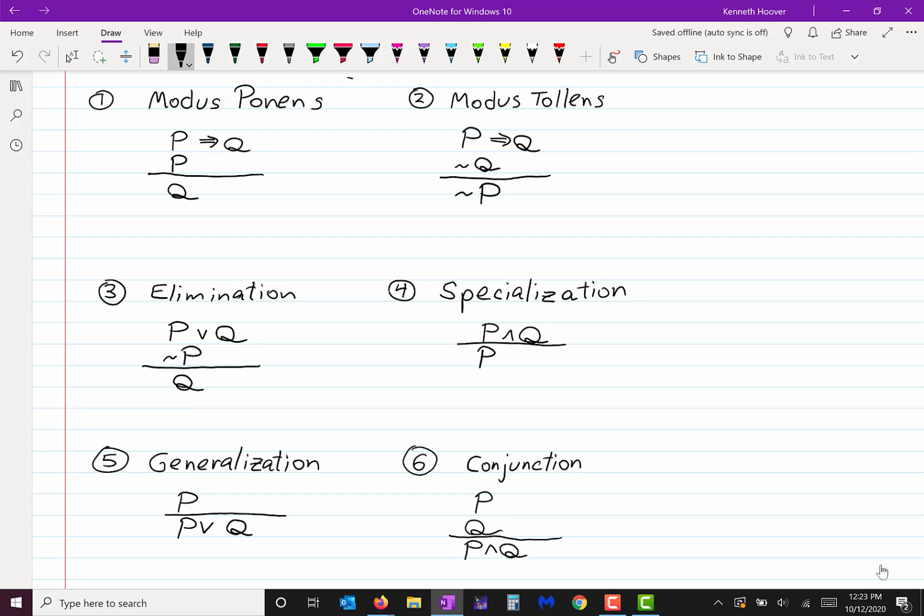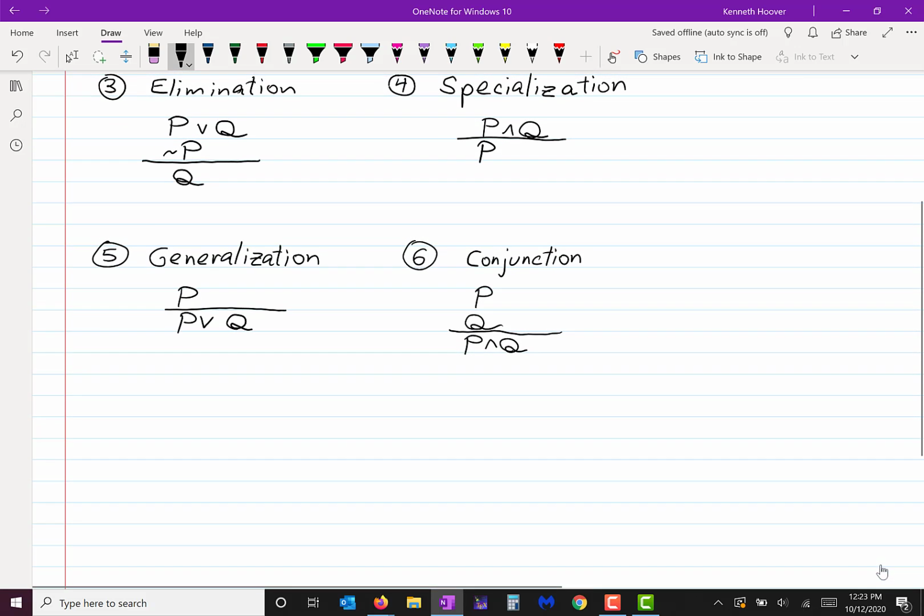Okay, two more. Transitivity is next. That should be number 7. So this is where you're given a statement like this. P implies Q, for instance.